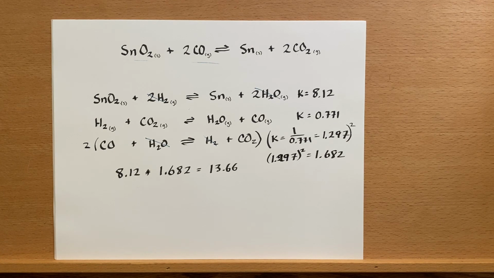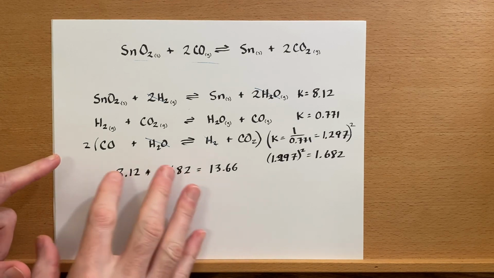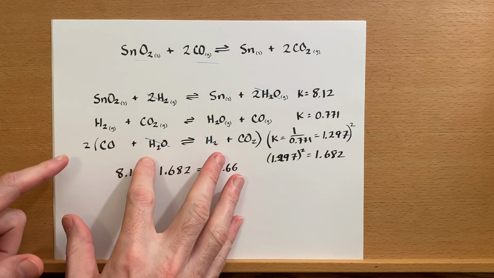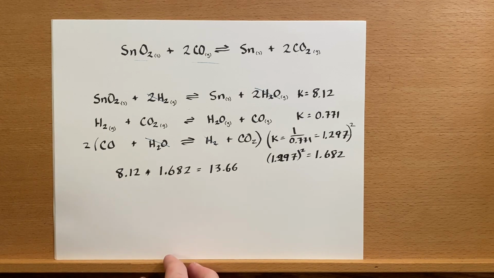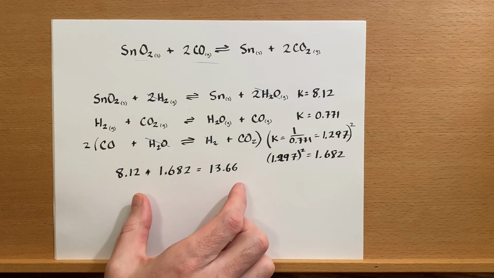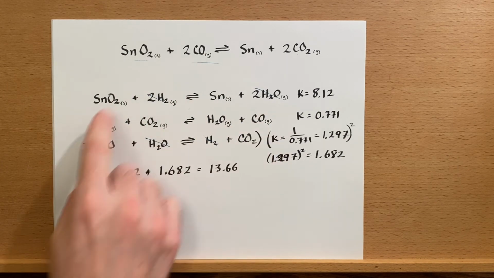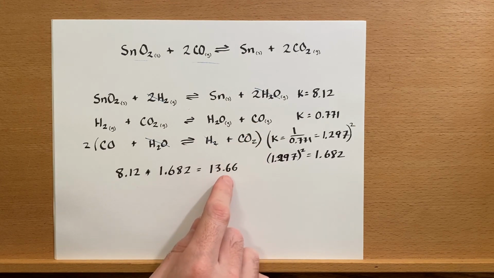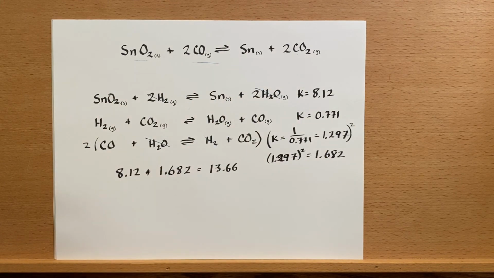And that's how we take advantage of our rules in how, if we're changing the equilibrium expression or the reaction, what happens to the equilibrium constant. And you can see how we can take chemical data that we may have and determine chemical data that we want based off of that without having to run additional experiments.